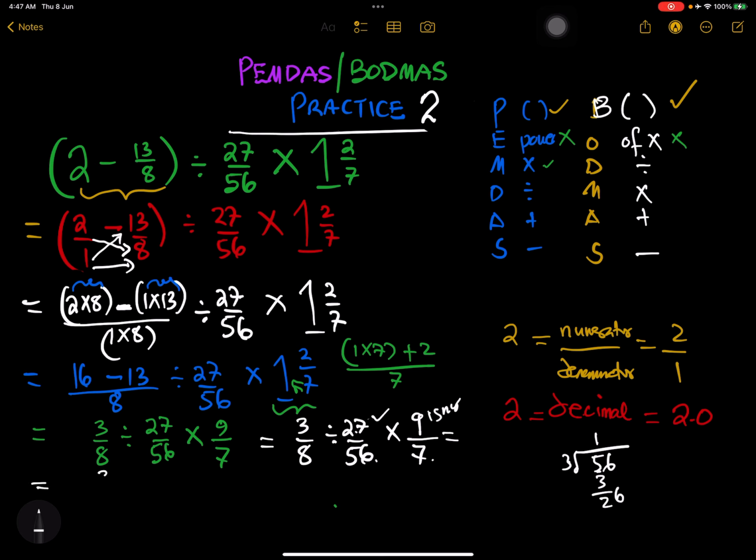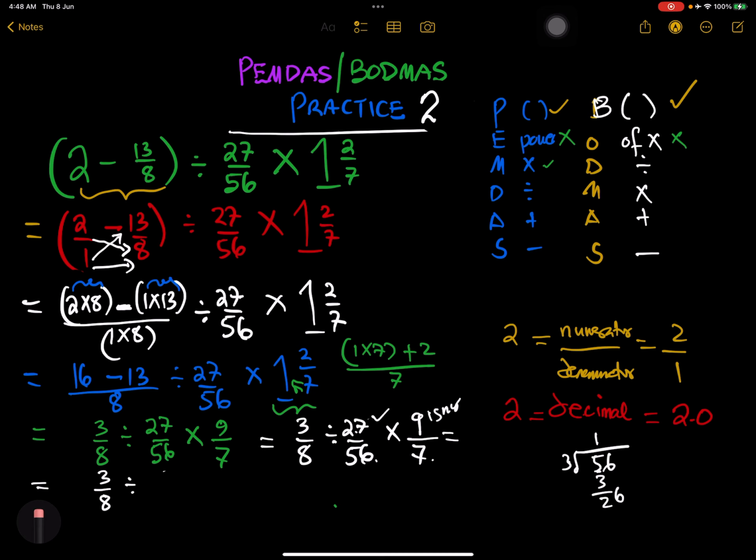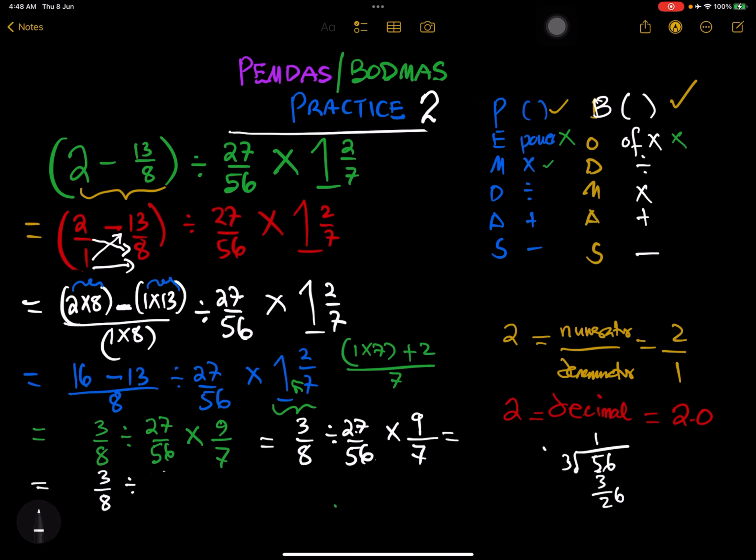3 divided by 8 divided by, sorry about that, we're going to divide that by what? Multiplying this by this. We know that's 27 times 9. 9 times 7 is 63.